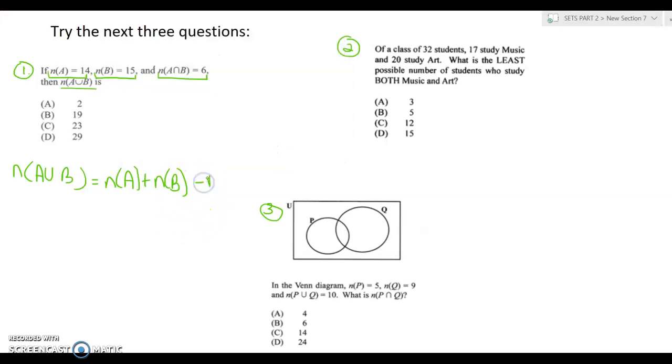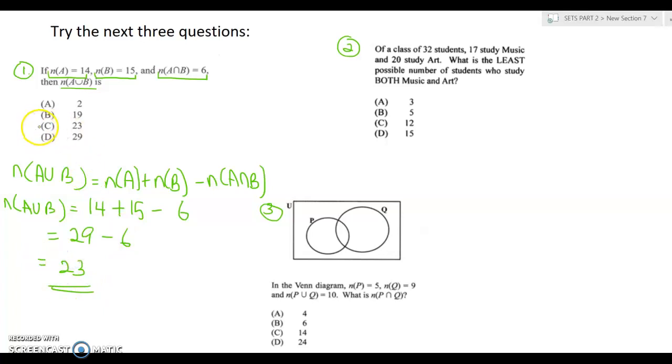So now we want to find the number of members in A union B. The number of members in A is 14 plus the number of members in B is 15. And then we minus the intersection number, which is 6. So we get 14 plus 15, which gives us 29 minus 6. So we get 23. The answer is C.